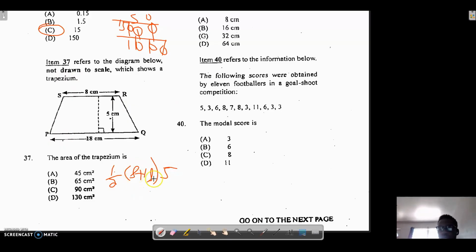Now, when I add 8 and 18, I'm going to get 26. So I'm going to have half of 26 times 5. And half of 26, of course, is 13. And 5 times 13 is 65. So it's 65 square centimeters, which makes it option B.